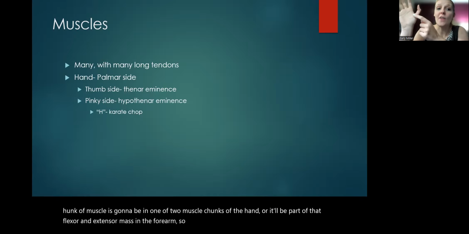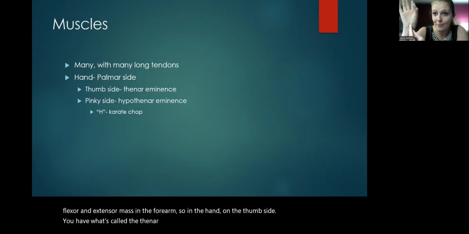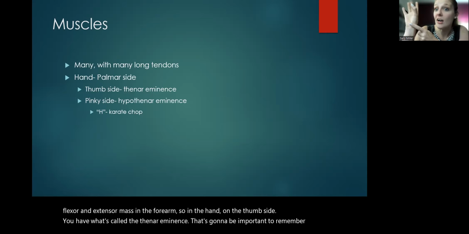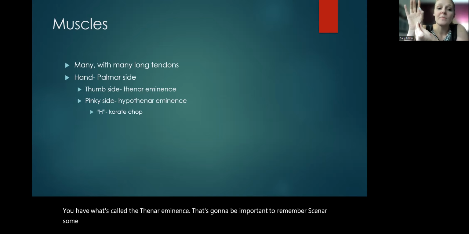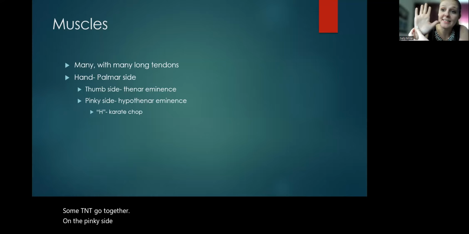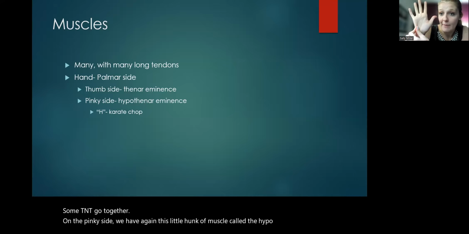So in the hand, on the thumb side, we have what's called the thenar eminence. That's going to be important to remember. Thenar, thumb, T and T go together. On the pinky side, we have, again, this little hunk of muscle called the hypothenar eminence.